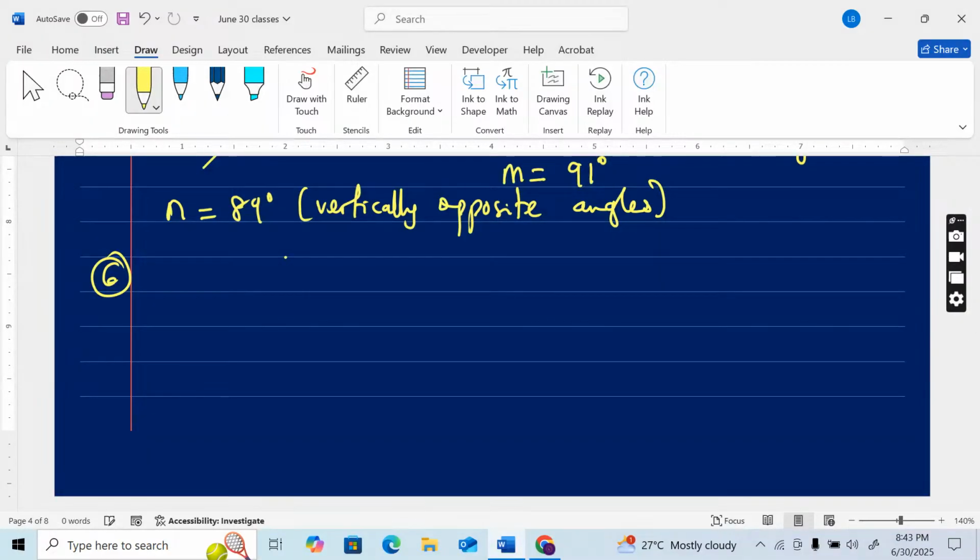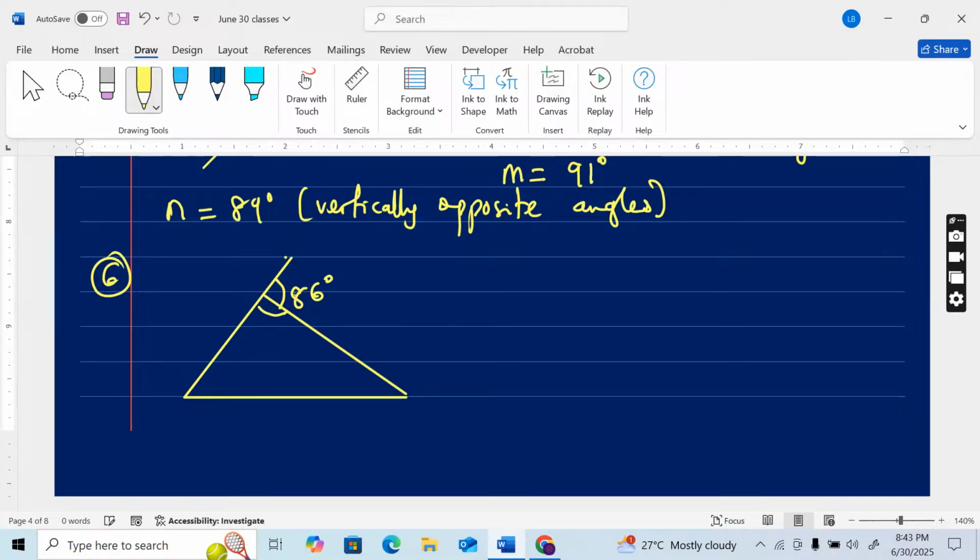Now, let's look at this triangle. Right here, I have 86 degrees.